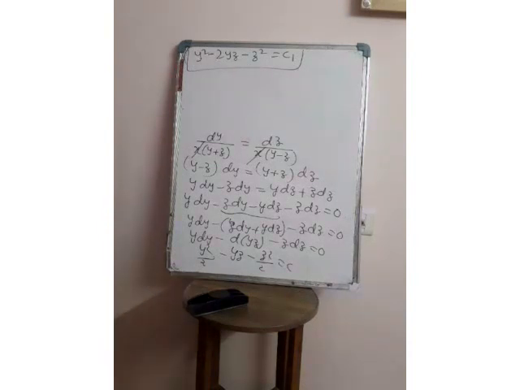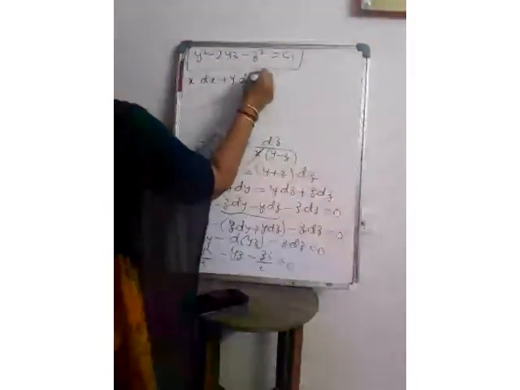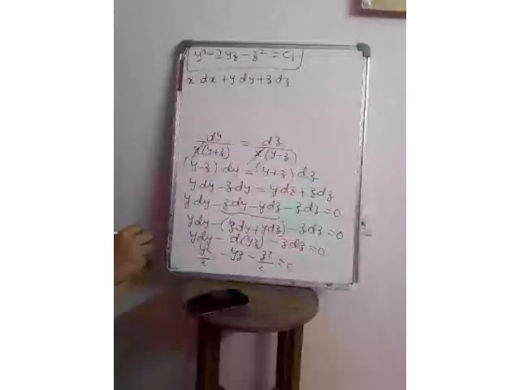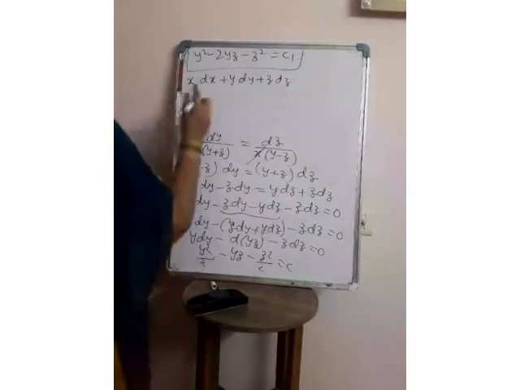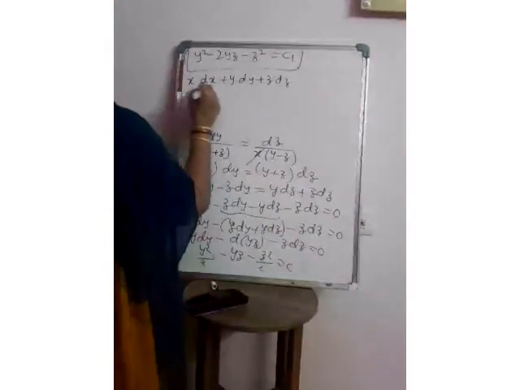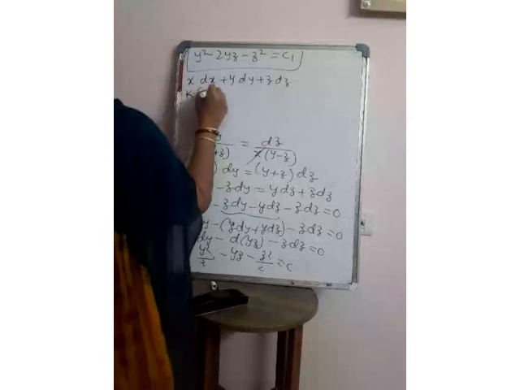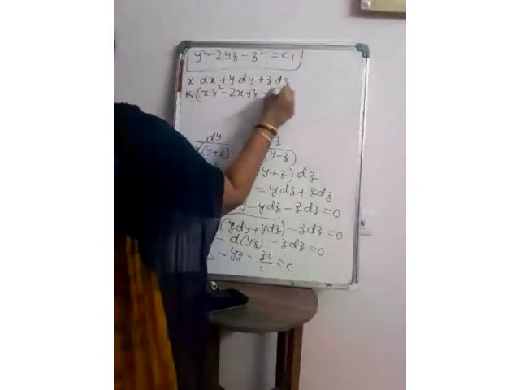Yes. We can go with x dx plus y dy plus z dz. Even this will become 0. We'll just check. So x into, what is the dx term we have over here? z square minus 2yz minus y square multiplied with x. So xz square minus 2xyz minus xy square.